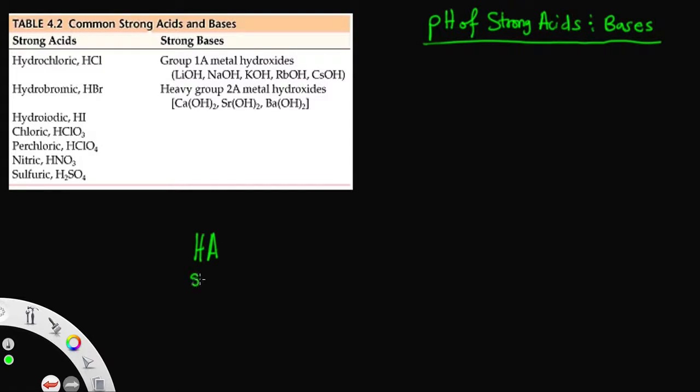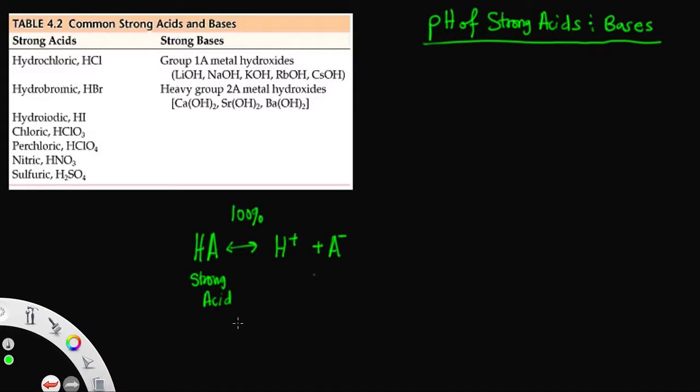If this is considered to be a strong acid, then what basically separates a strong acid from all the other types of acid is that 100% of this strong acid will dissociate into H plus and whatever the other compound anion is.